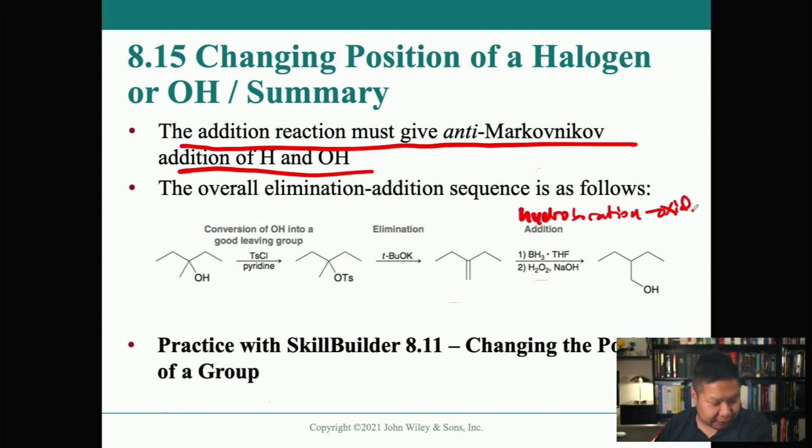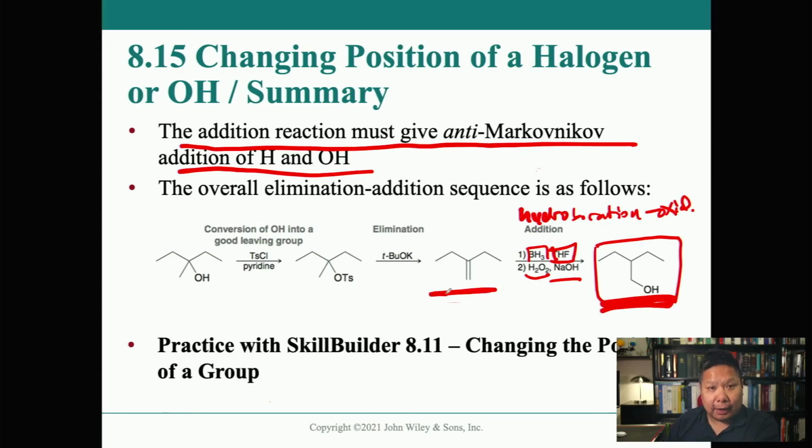That uses the boron trihydride, like I always call it, but most people call it borane, THF, tetrahydrofuran, hydrogen peroxide, and sodium hydroxide. And that will give us our anti-Markovnikov addition of the OH and the H from the Hoffman product.